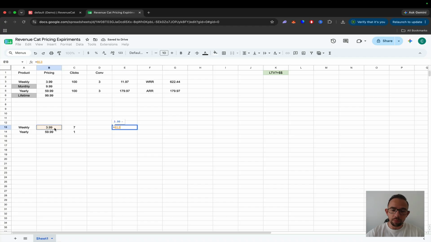What is the best option to make the most money? So in this case, we want to optimize yearly because if they only stay 7 weeks, which is less than 2 months, we're basically going to make $27.93. If they stay for 1 year, we're going to have $59.99. So if the data would be this simple, we're going to say, okay, optimize for yearly.